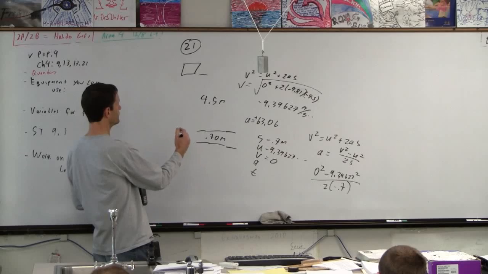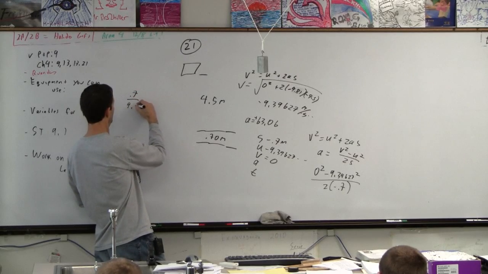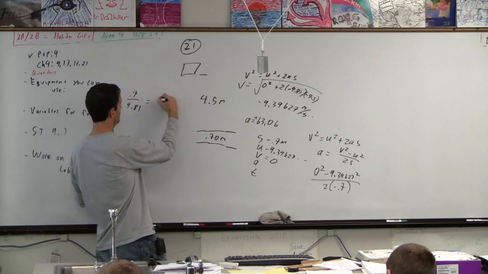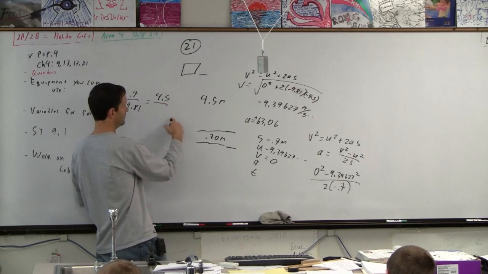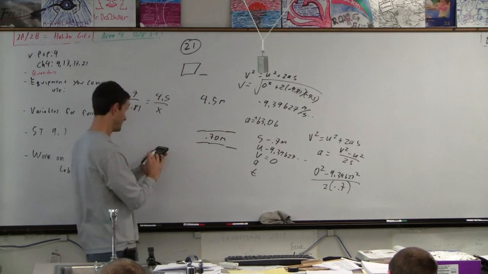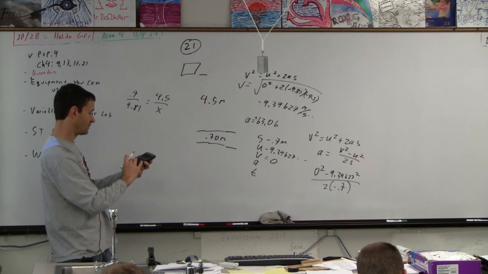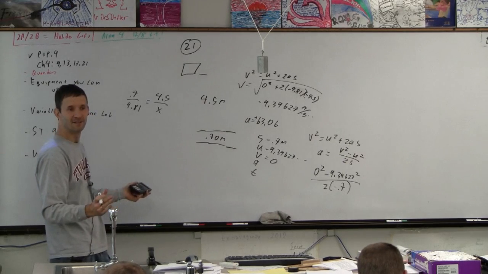In other words, 0.7 is to 9.81 as 4.5 is to this acceleration. Let's try that. 9.81 times 4.5 divided by 0.7. Hey, that gets the same answer.